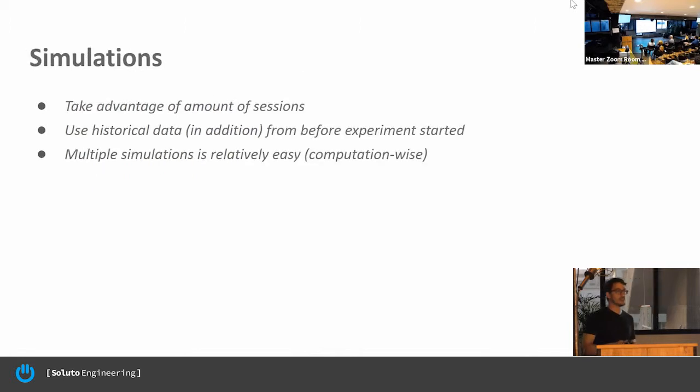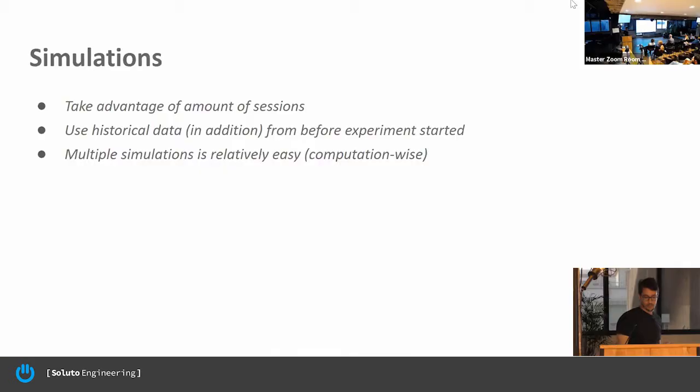What we wanted to do in this method is first take advantage of the fact that we have a lot of sessions, take advantage of the fact that we have the best data for every expert. We are splitting the experts 50-50 or another portion, but we do know what each expert has so far, what his metric is so far.